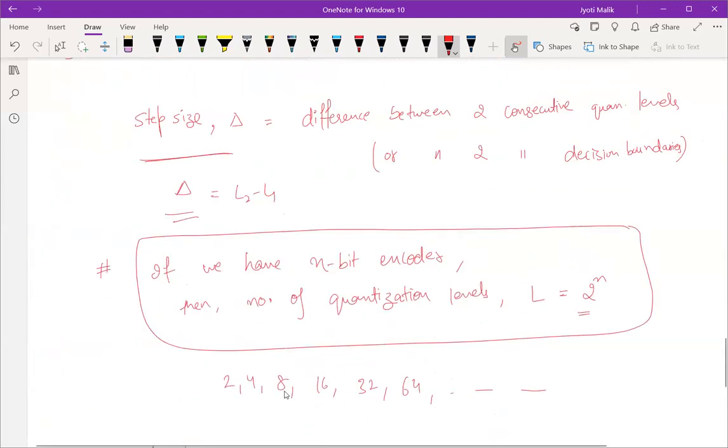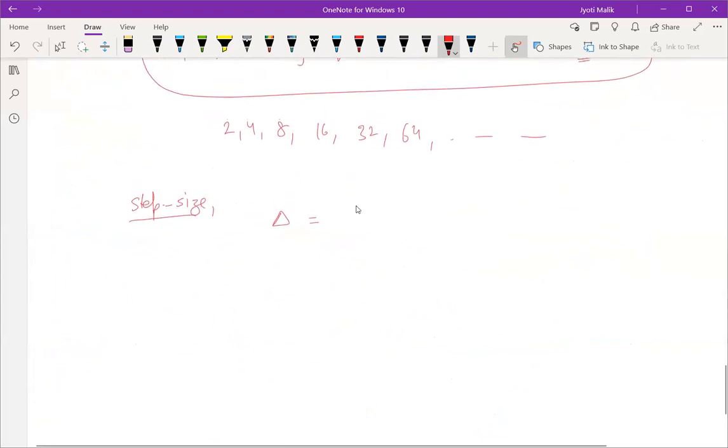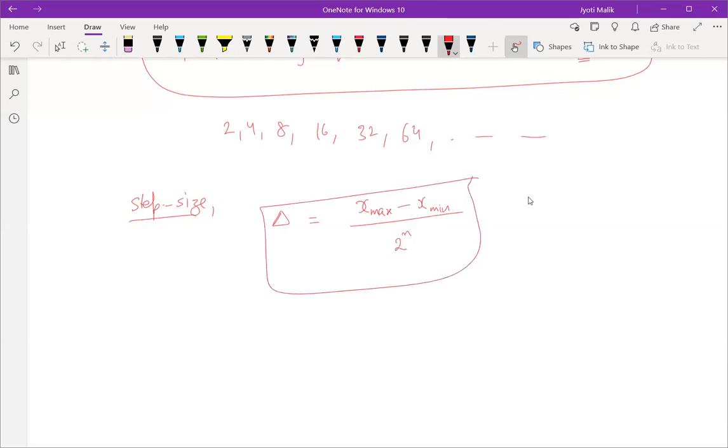Let me write it here: delta equals the range, x max minus x min, divided by the number of quantization levels. Very important formula. Or x max minus x min by L, where L denotes the number of quantization levels.